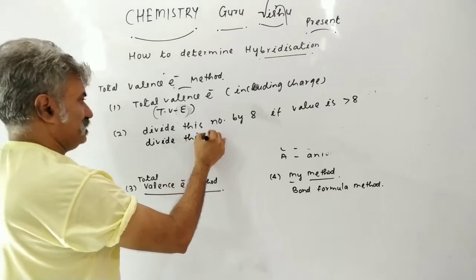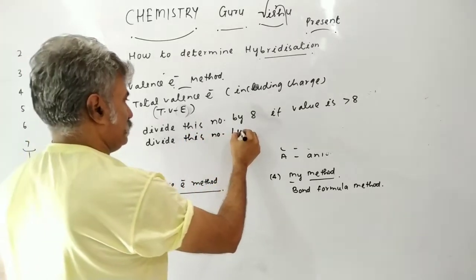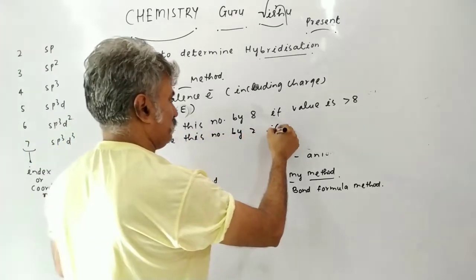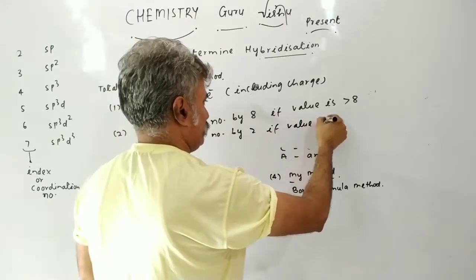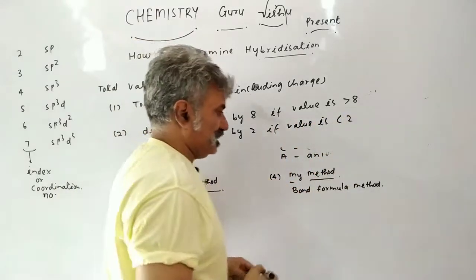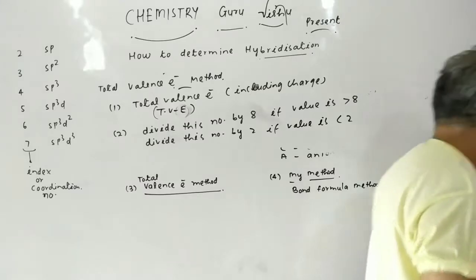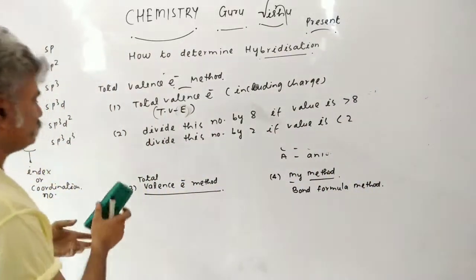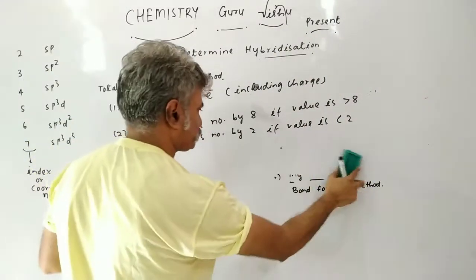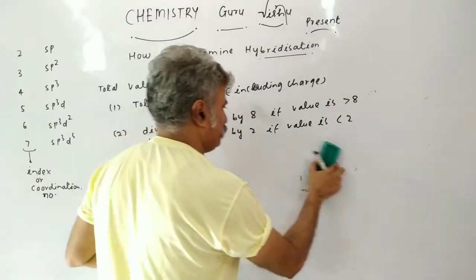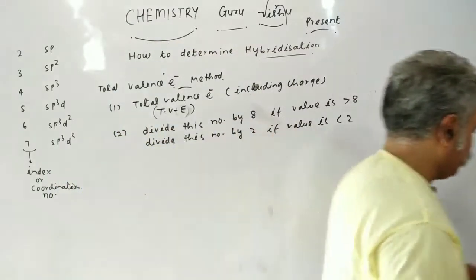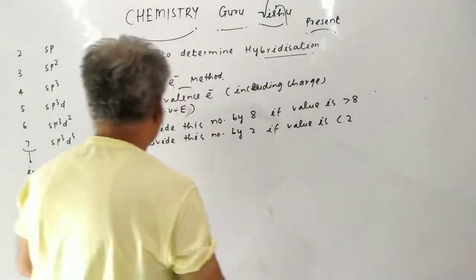Divide this number by 2 if the value is less than 2. It is a short trick to determine the type of hybridization.